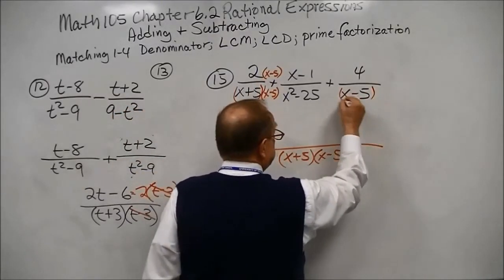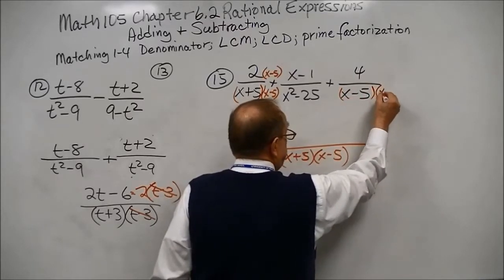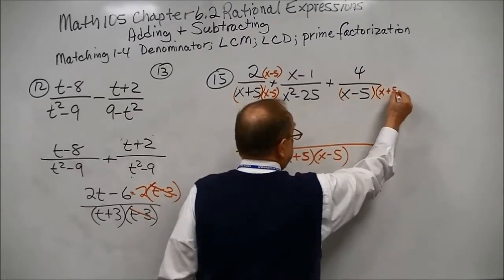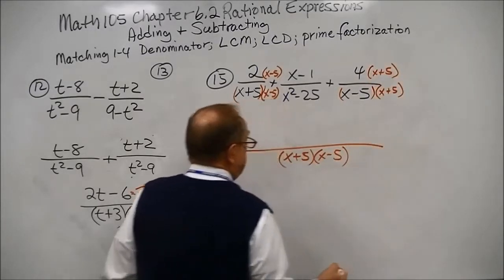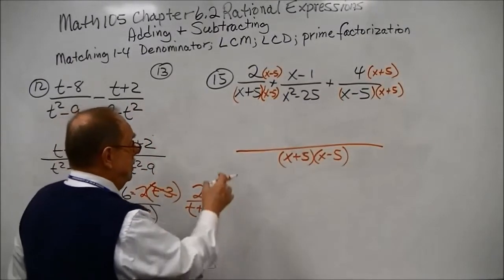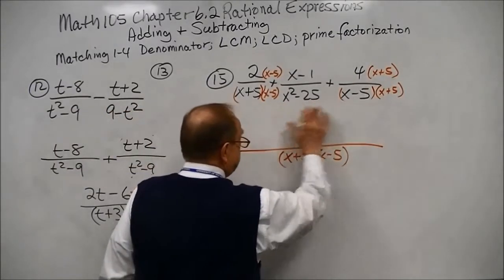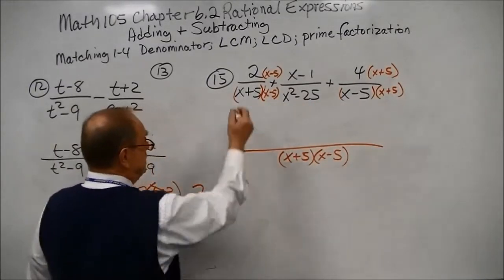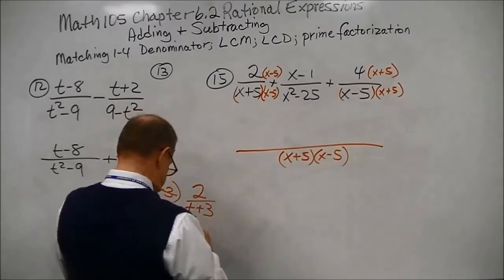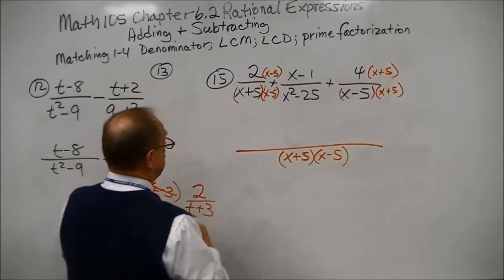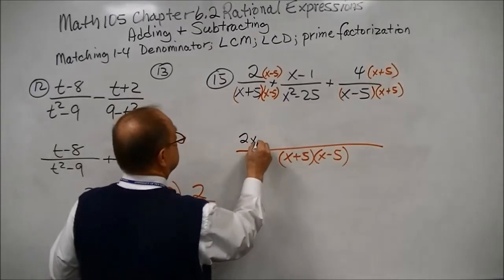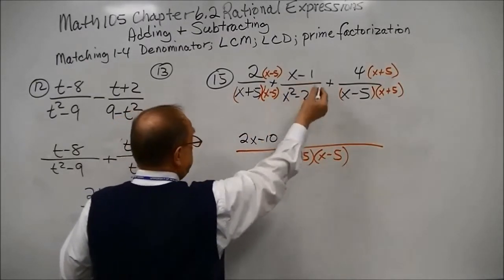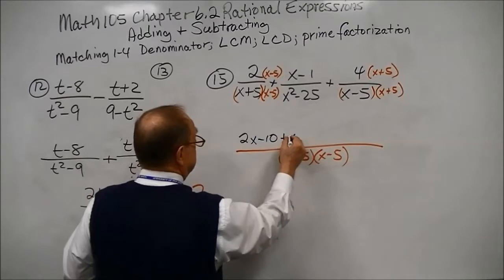And then here, it'll be x plus 5. So now all of my fractions have this denominator, except I have to multiply through. And this is going to be 2x minus 10. Here this just stays the same.